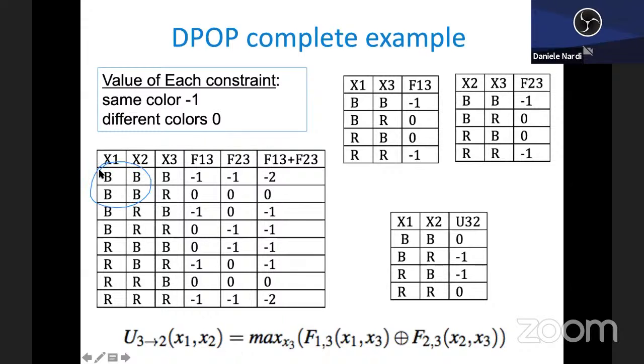Here we go. These are the first 2 lines, and the maximum between these 2 lines, according to x3, is given by the value 0.